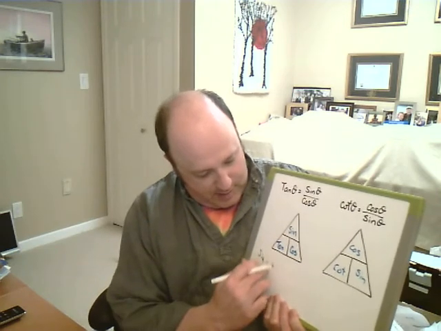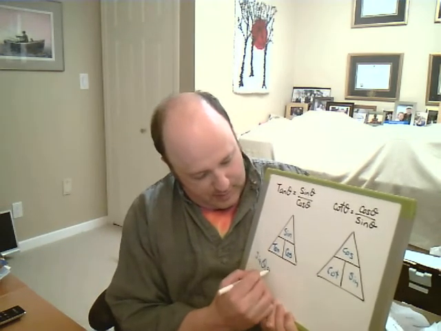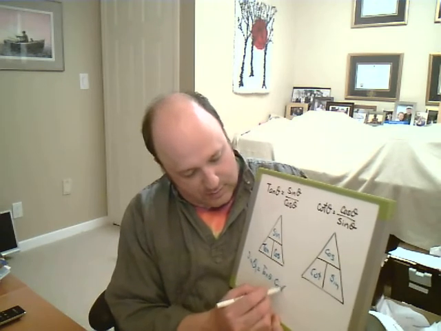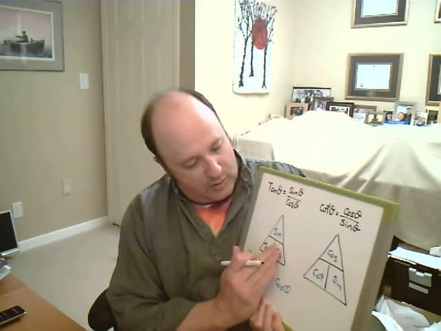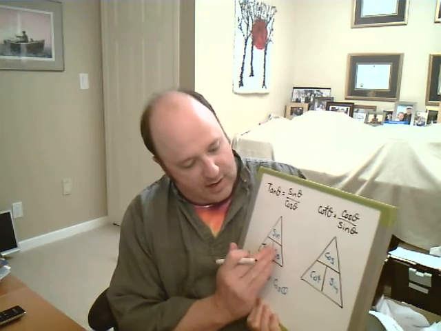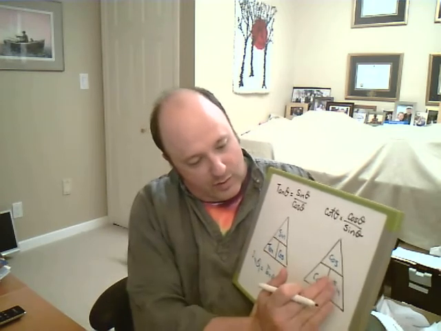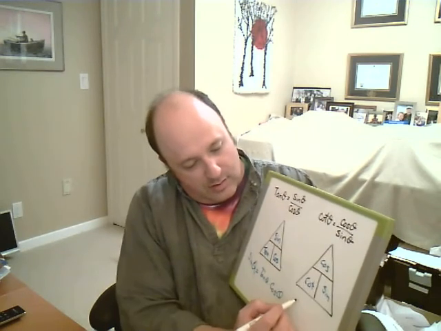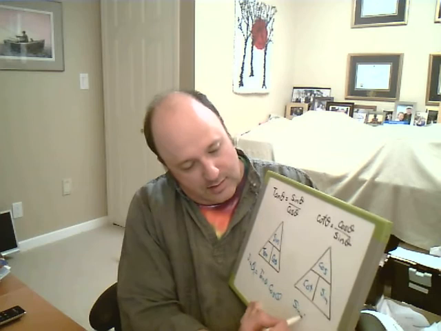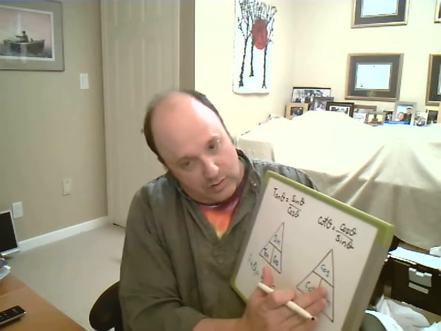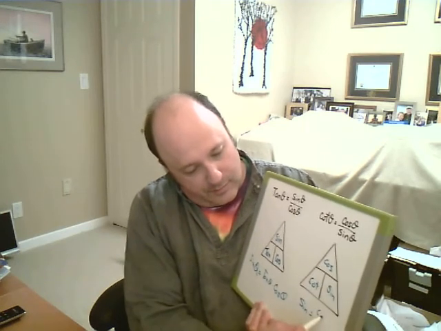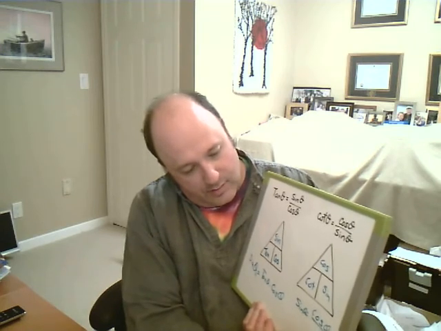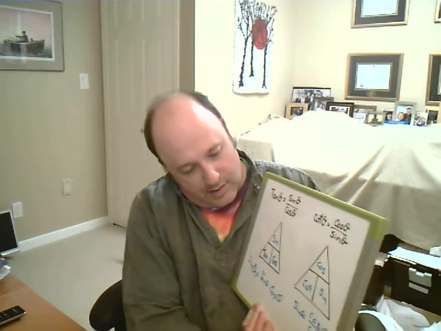So sine theta is equal to tangent theta times cos theta. Or if I want cosine, it's sine divided by tangent. Or sine is equal to cos theta over cotangent theta.